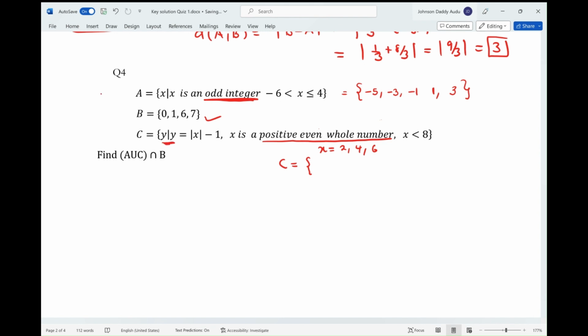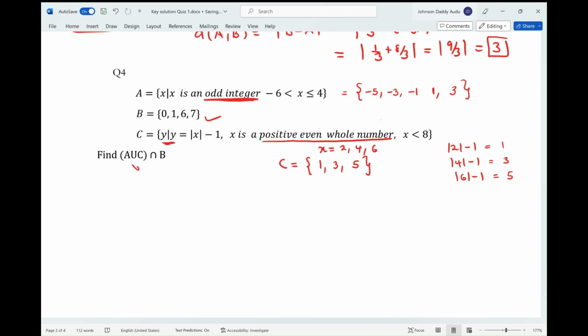And what is y? It is the absolute value of x minus 1. So the first element will be the absolute value of 2 minus 1, the absolute value of 4 minus 1, then the absolute value of 6 minus 1. And this is nothing but 1, 3, and 5. So C is just going to be 1, 3, and 5. This is set C.